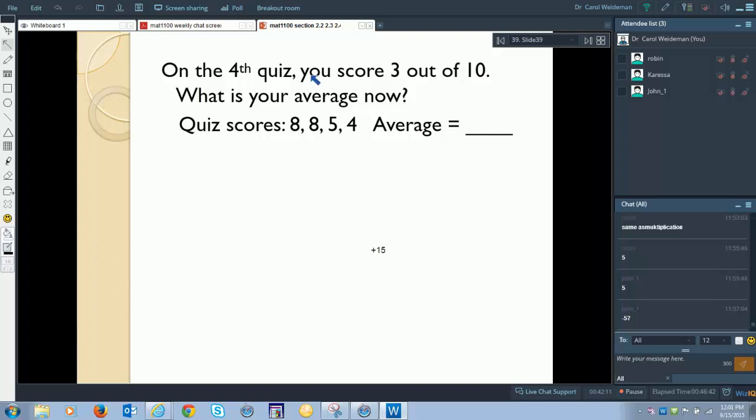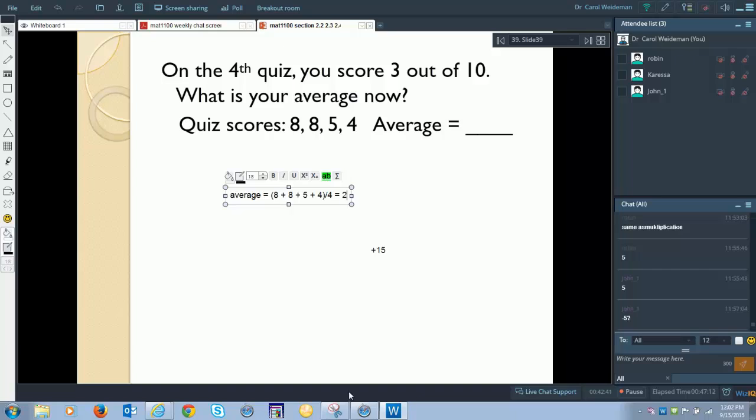Okay, let's try another one. On the 4th quiz, you earned 3 out of 10. So here was your first 3 scores. And then you took your 4th quiz and you got a 4. So what's your average now? So remember, average is, we're going to add them all up, 8 plus 8 plus 5 plus 4, and we're going to divide by 4.